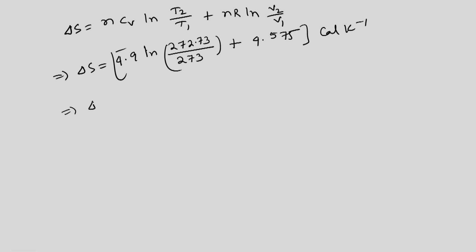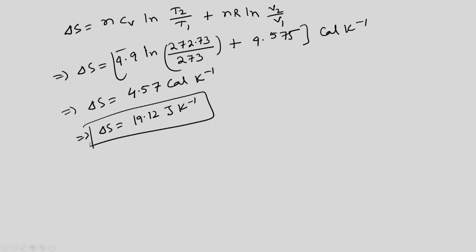So, if you further solve it, we get 4.57 calorie per Kelvin, or delta S is 19.12 joule per Kelvin. Okay, so this is the value of entropy change for this process. Thank you.